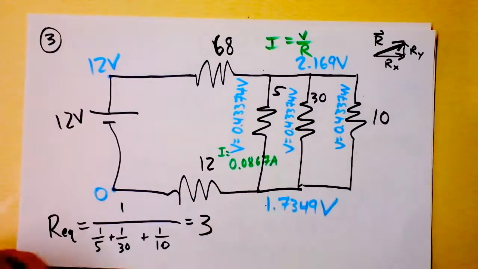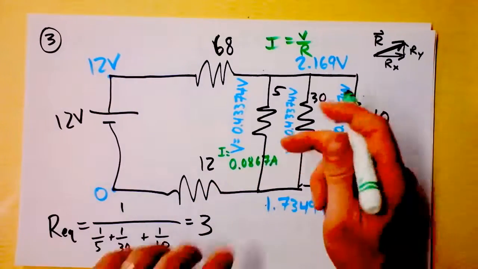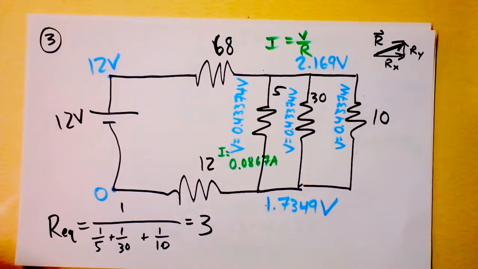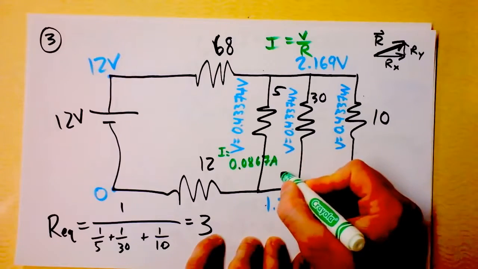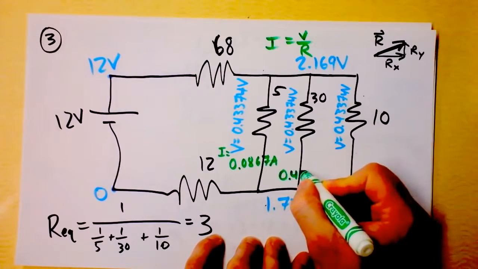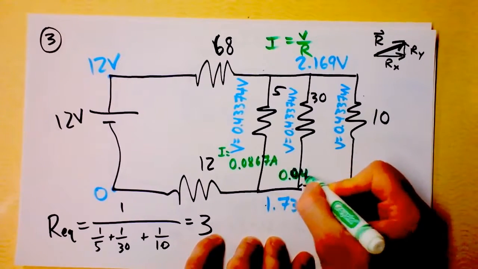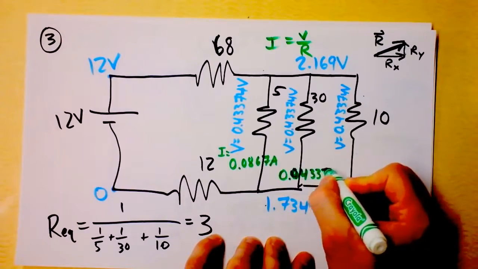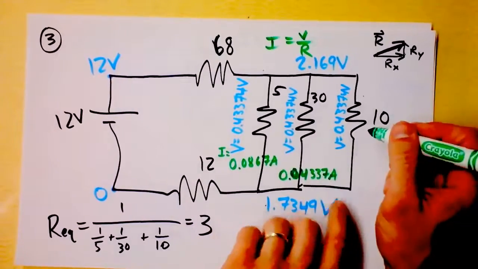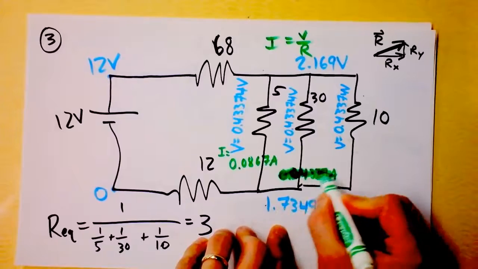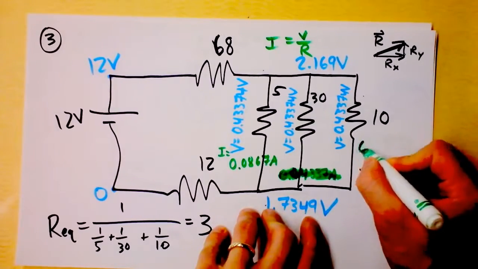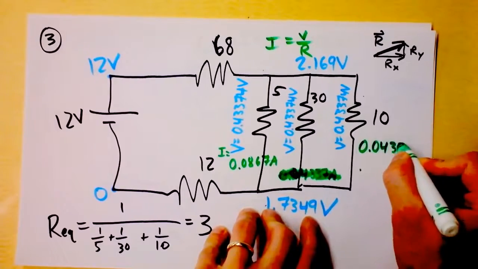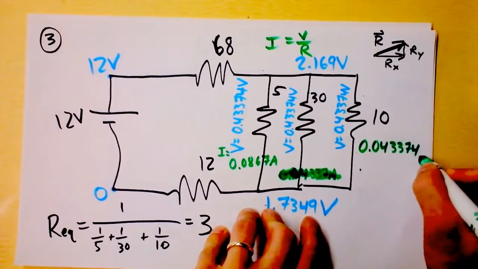And the current through this guy is, well, it's that same voltage but divided by 10. So I guess it's going to be half as much current as right there. And that's true. It's 0.04337 amps. And oh shoot. No, that's my 10. Sorry, that's my 10 over here. It should be through this resistor, 0.04337 amps.